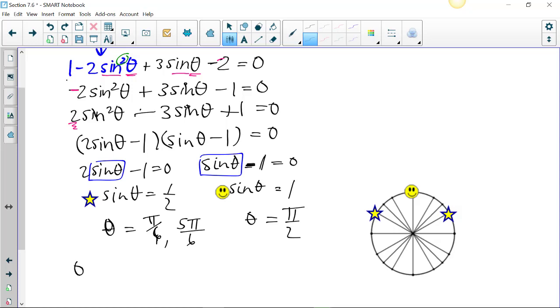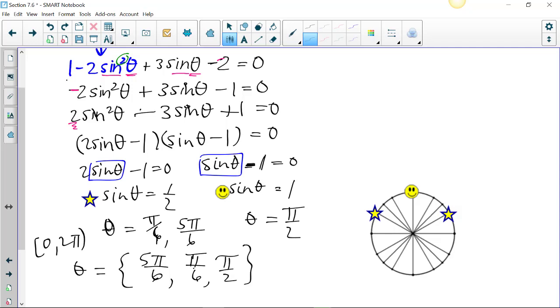So our solution set would be those 3 angles if we're talking between 0 and 2 pi. Now we can check those back into the original equation.